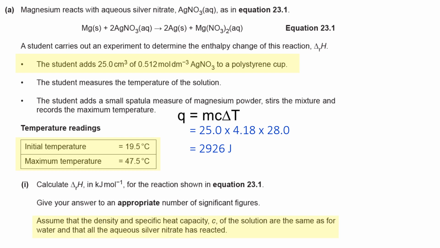So it says at the bottom to assume that the density and specific heat capacity of the solution are the same as for water. So therefore we can go to the data sheet and get c as 4.18 joules per gram per Kelvin. So you'll notice on the data sheet, the joules, as opposed to kilojoules, means that the number that comes out of this calculation is in joules.